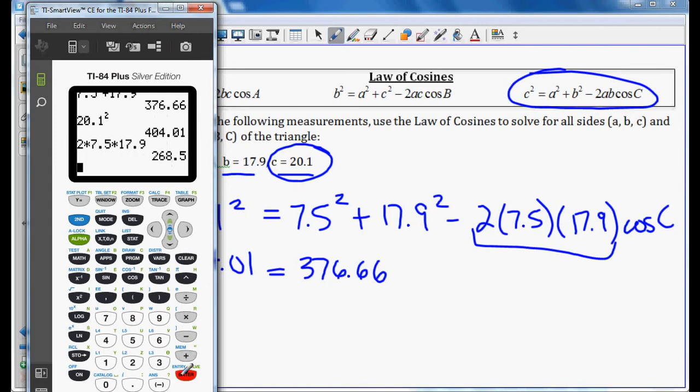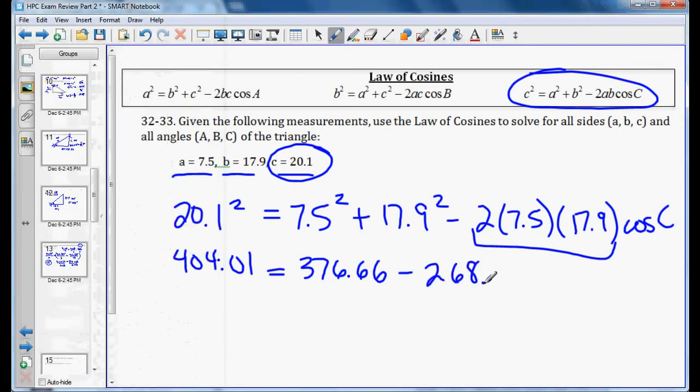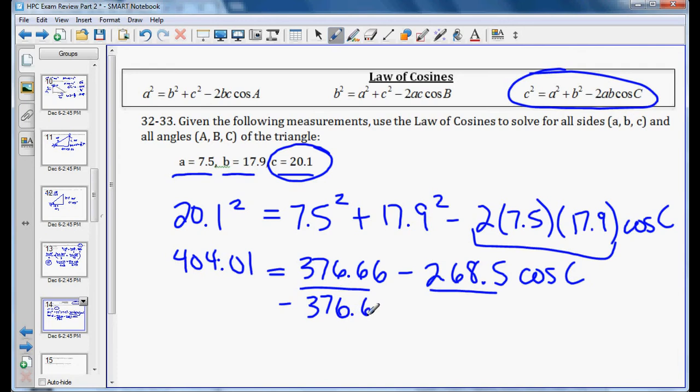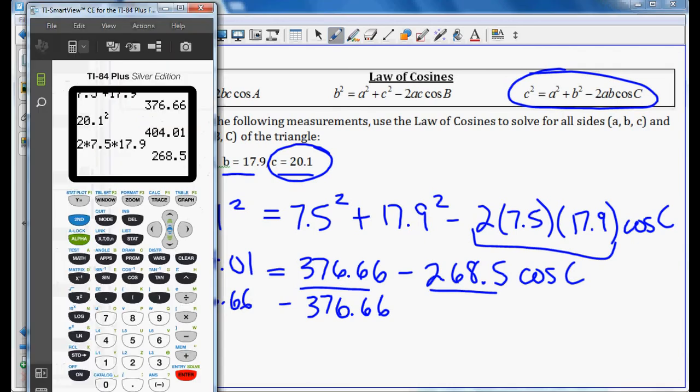So instead we'll subtract, I'm not dividing, I was just underlining, subtract 376.66 from both sides. So we get 404.01 minus 376.66. So 27.35 is equal to negative 268.5 cosine C. So then we'll divide both sides by negative 268.5.